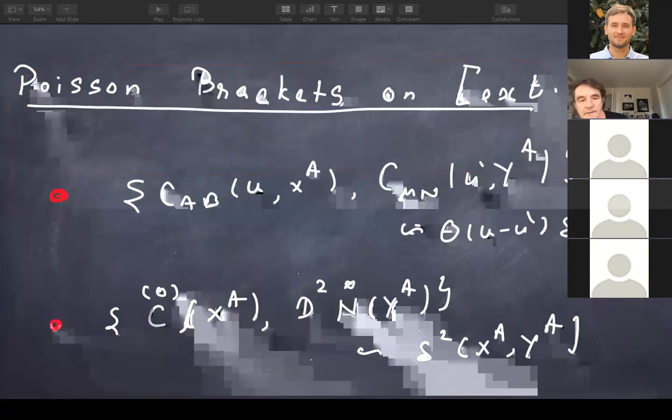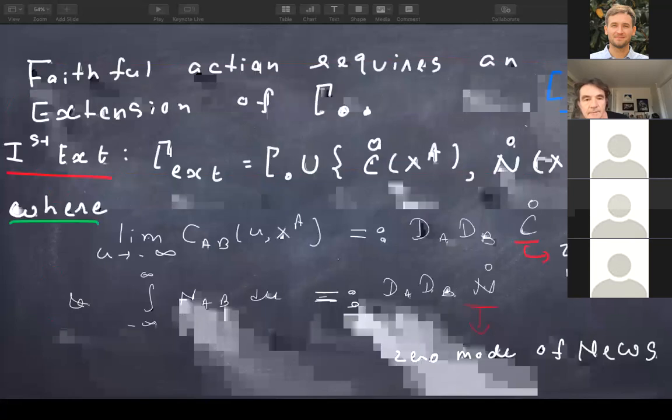So far we only discussed one, where you add the zero mode of the shear, the constant mode of the shear, and the zero mode of the news. Yeah. So I had a question about this DADBN. Isn't it the same thing as your TAB? No. The TAB was DADB of the divergence of the vector field.